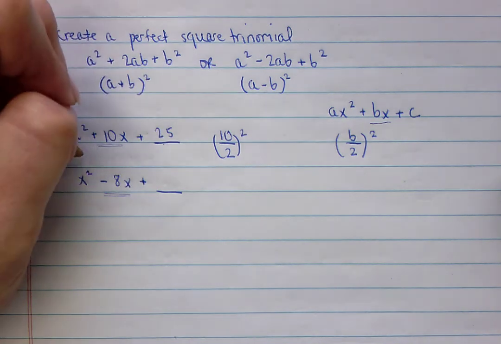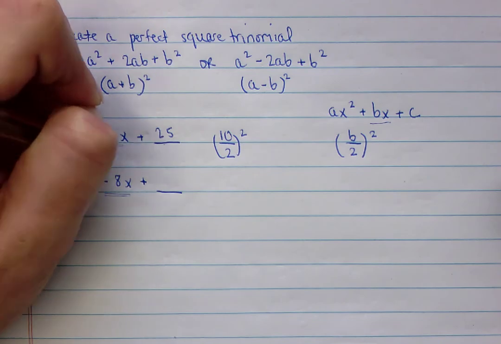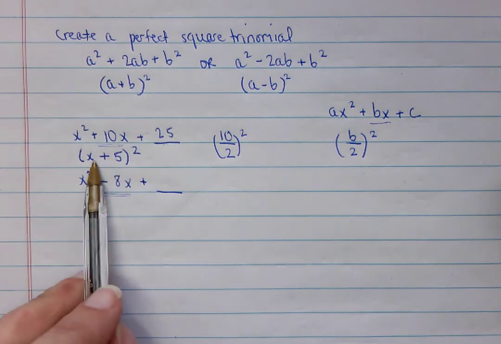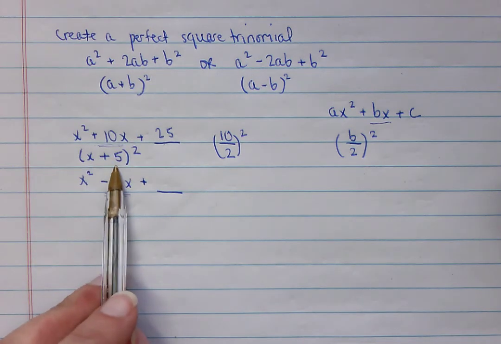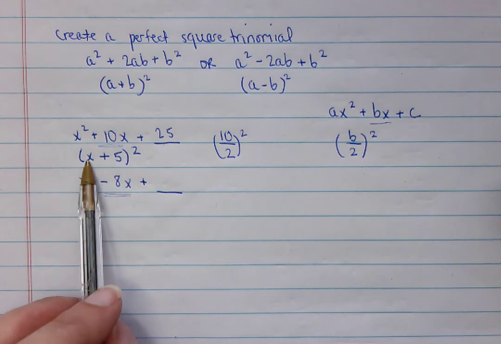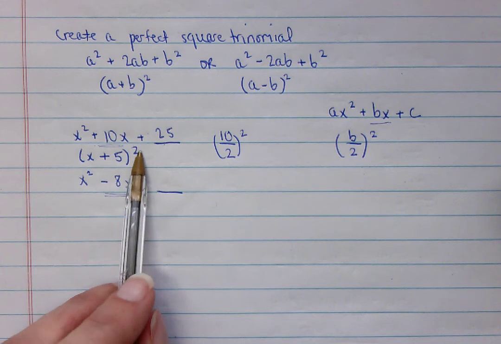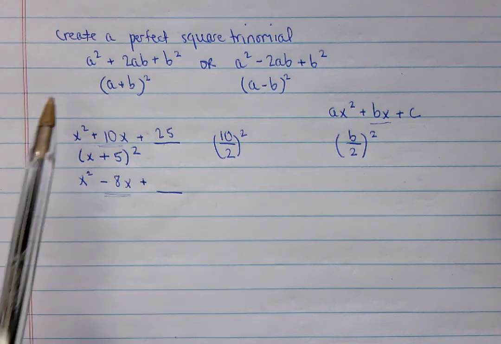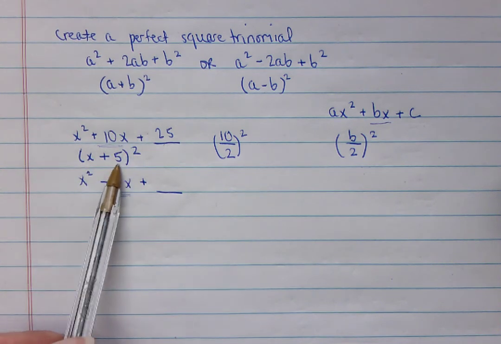So we would be writing it like this. Okay? It would be (x + 5)(x + 5). And then you'd be able to just write that as (x + 5) squared. So notice that's of this form right here. Okay? So (x + 5) squared.